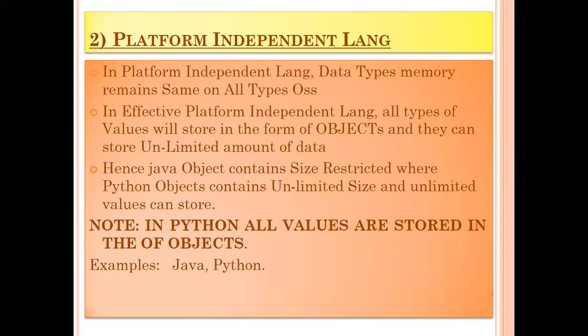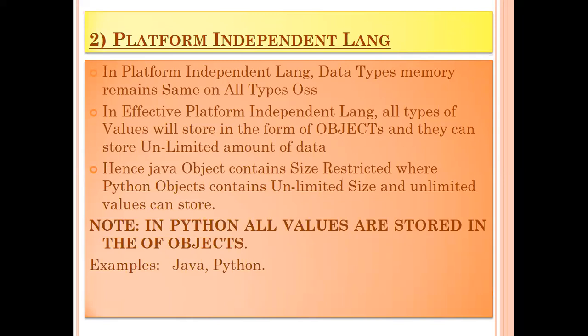If we talk about memory management, it is a platform independent language where the data type memory remains the same for all types of OSs. We all know the meaning of OS. In platform independent language, all types of values are stored in the form of objects.